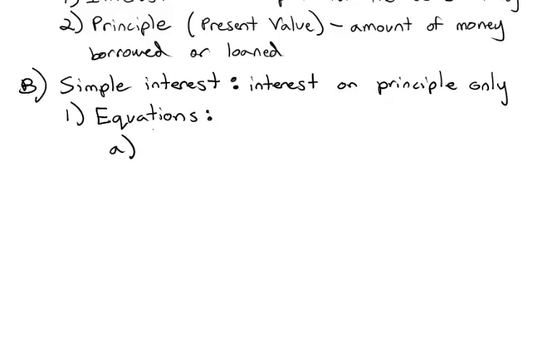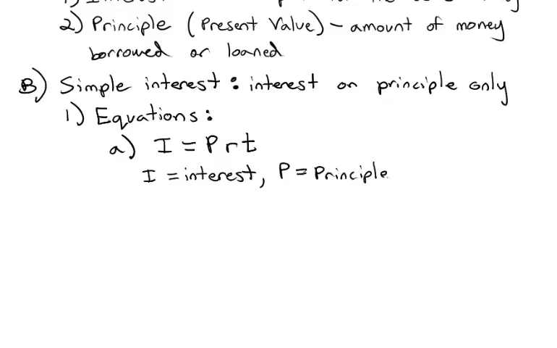The first equation is I equals P R T. I, in this case, stands for the interest earned or paid. P is going to stand for the principal or present value of the loan.